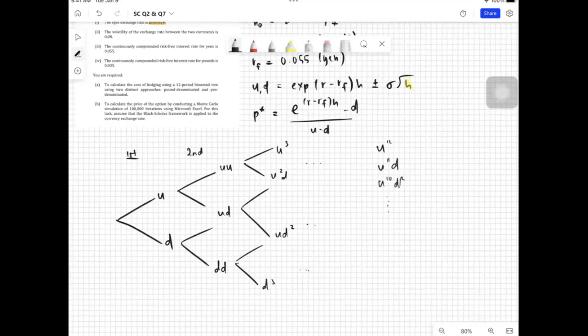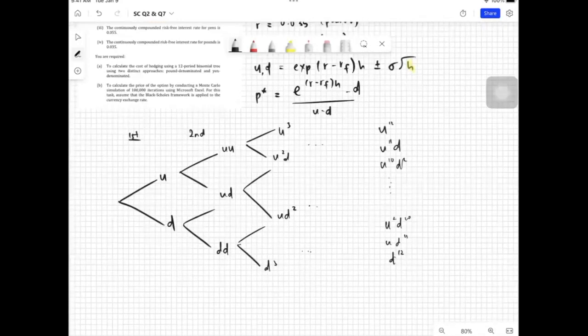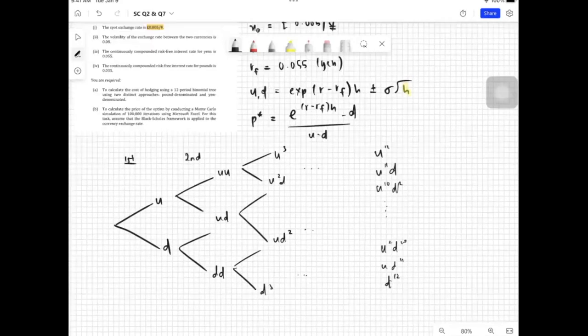As you can see, there's a pattern all the way up to u squared d power 10, u d power 11, and d power 12. After establishing this binomial tree, I will proceed to explain more on Excel itself so that it looks clearer.